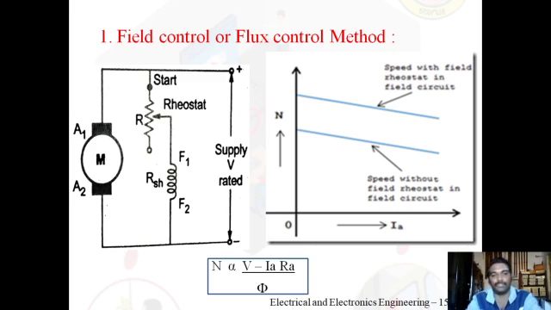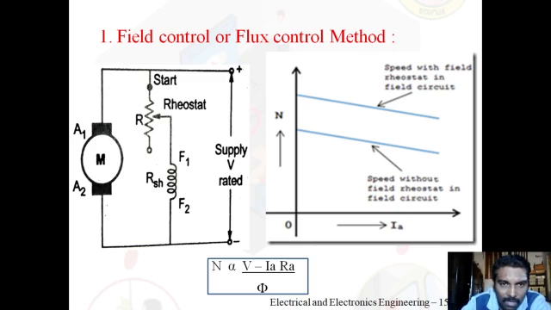So we have seen how torque is produced and how the flux is produced by the field winding, how the magnetic field has been created. Now a resistance has been placed in series with the field winding.